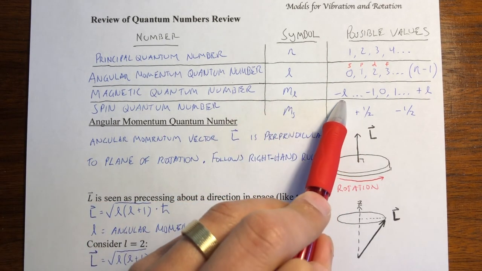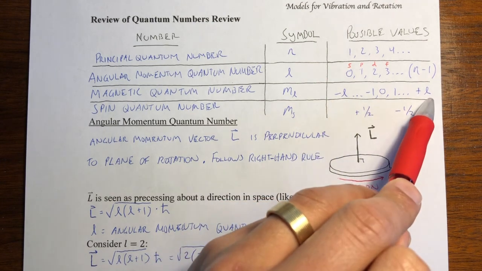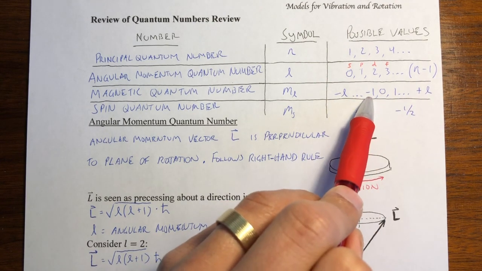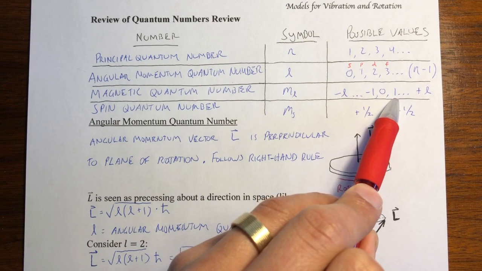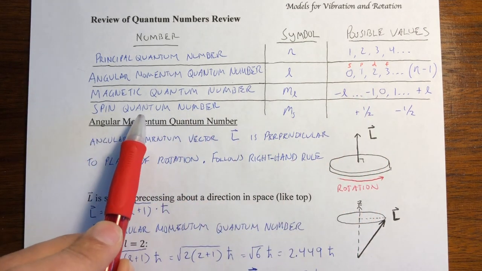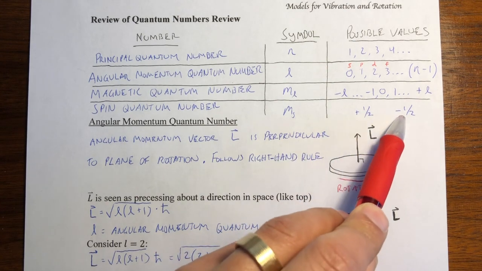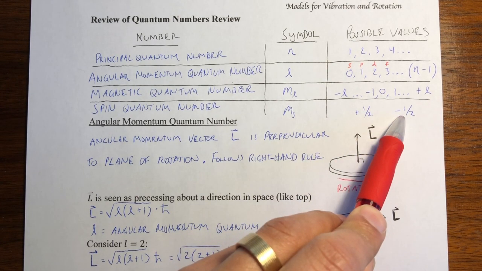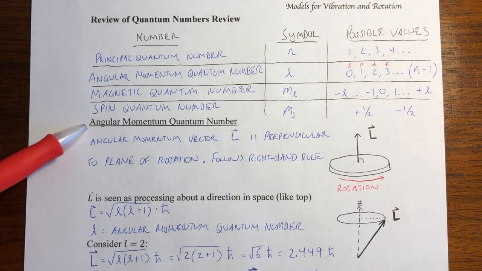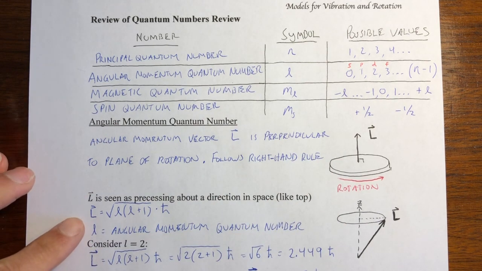This has possible values of any integer that ranges from negative l all the way up to positive l, including things like negative 1, 0, positive 1, etc. And then we have the spin quantum number m sub s, which is either equal to a positive 1/2 or a negative 1/2.